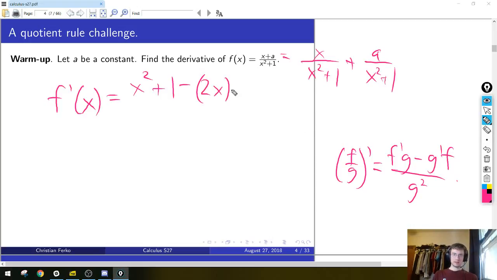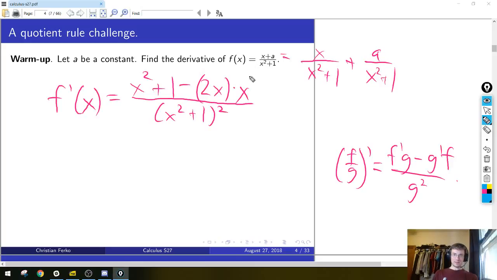Oh wait, I forgot about f, that's going to be times x. All over x squared plus 1 squared. We don't have to FOIL it out, we'll just leave it like that.